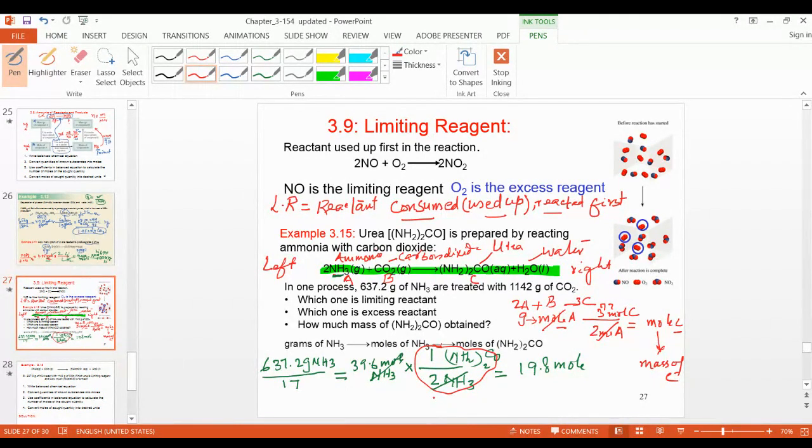You have to write this ratio between A and B, between the reactant and the product. Is it clear or not? Where do we get the 2 from? From the ammonia.